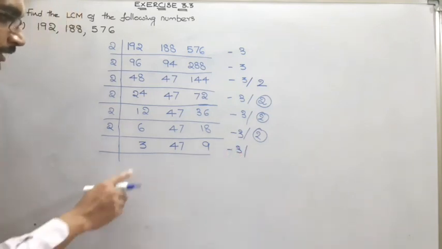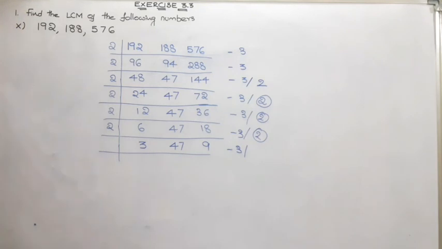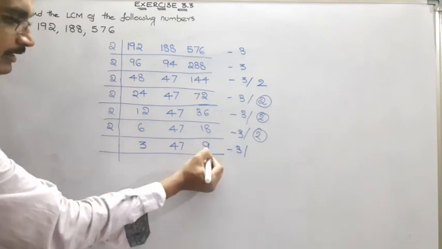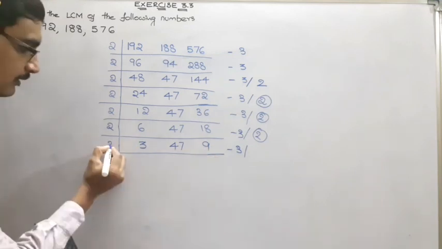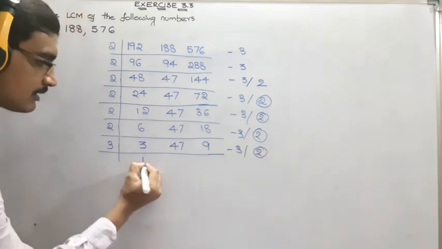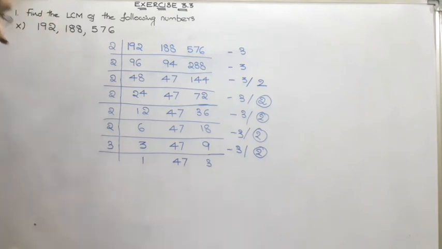Check whether 3, 47 and 9 are going to be cancelled in a common table. No, not possible. Whereas we can cancel 3 and 9 in 3 table. So 3 table. How many numbers? 2 numbers. 3 1s are 3, 47 comes as it is, and 3 comes as it is.